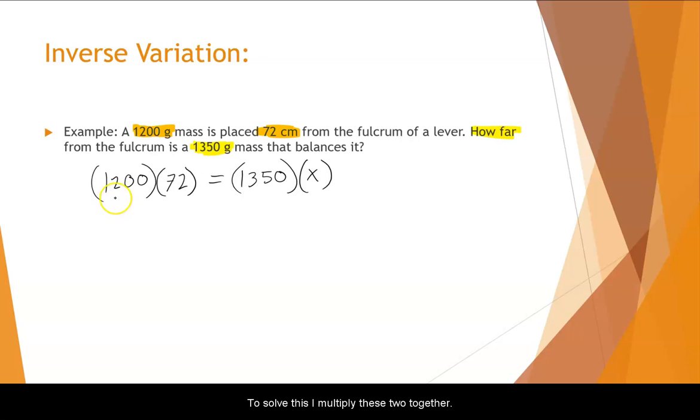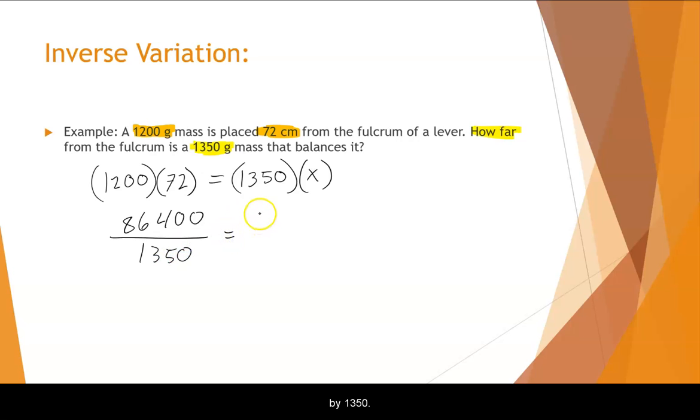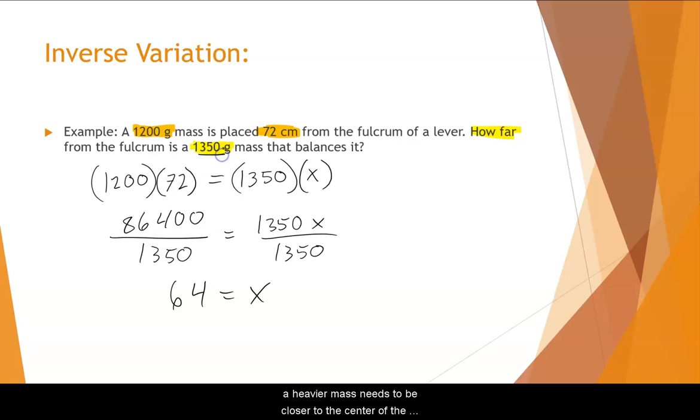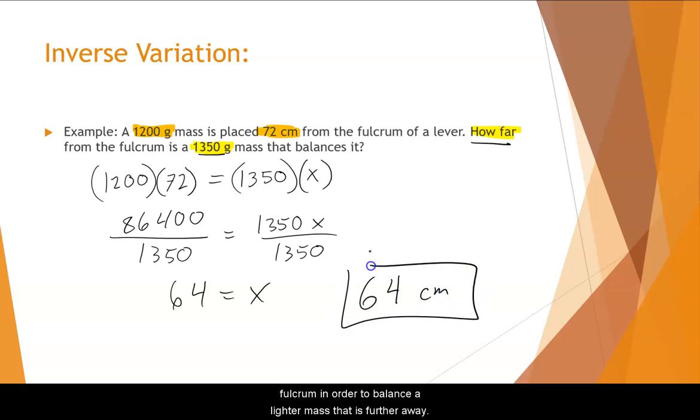To solve this, I multiply these two together and divide by 1,350. 64 equals x. Just as I hope that we would expect, a heavier mass needs to be closer to the center of the fulcrum in order to balance a lighter mass that is further away.